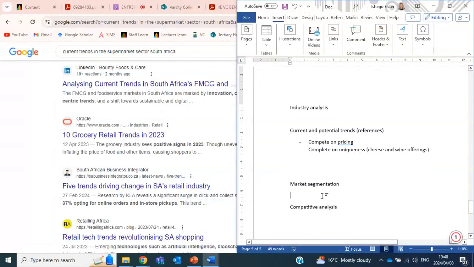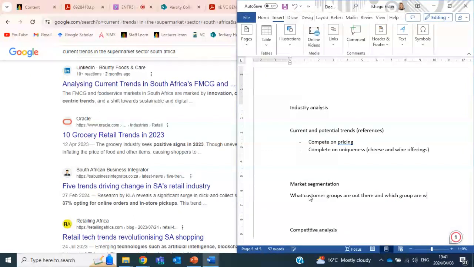That's what I know. And then in terms of the market segmentation, it is about what type of customers are there, what kinds, what types, what customer groups, let's call them customer groups, what customer groups are out there, and which group are we targeting? So if you think about Checkers, it's not exactly the cheapest place, but it's also not the most expensive.